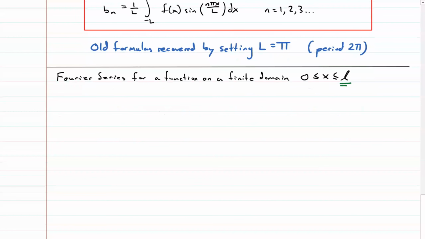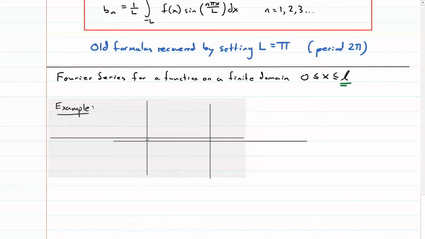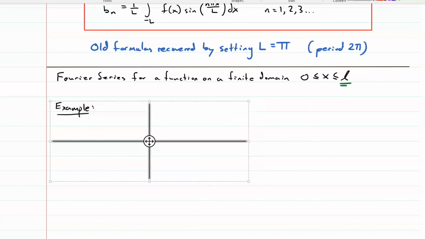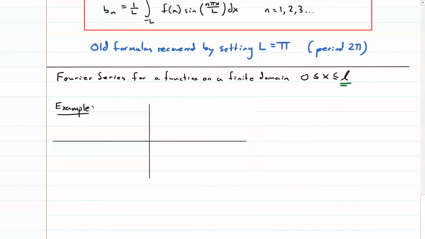So for example, let's imagine you have a function which is just defined on a finite interval. So for example, I've got a function that looks like this. Let's pick something like that, that looks like this.